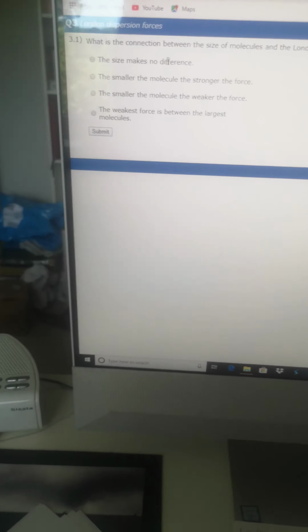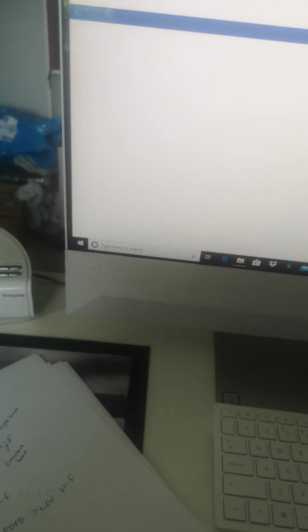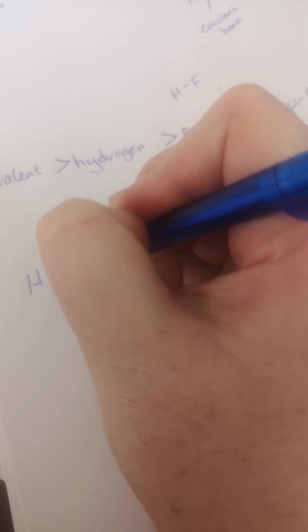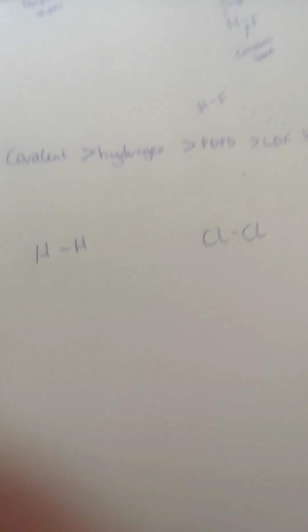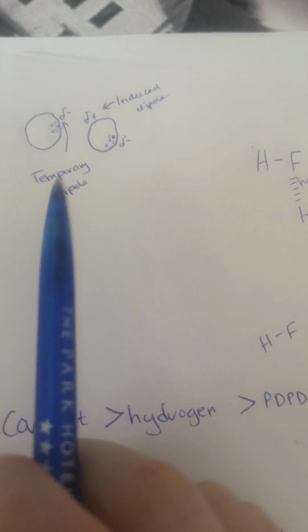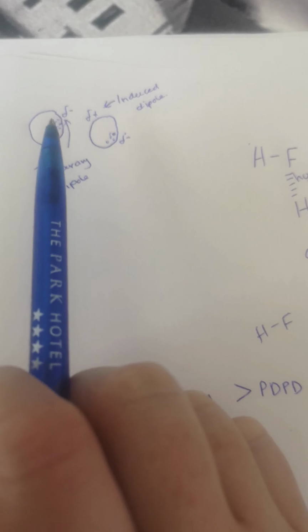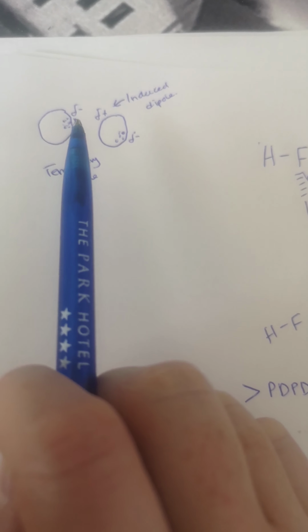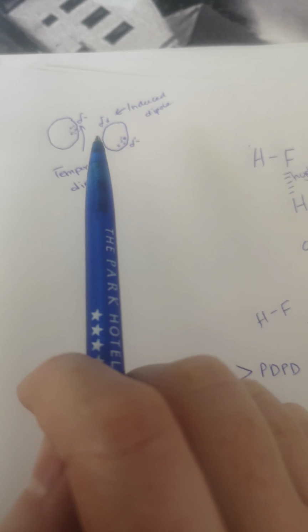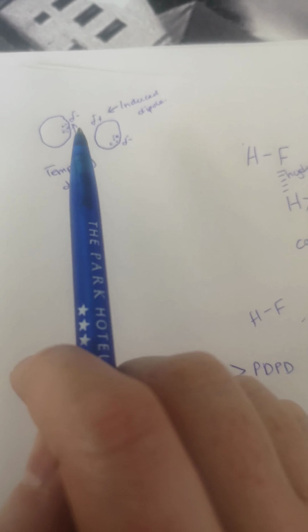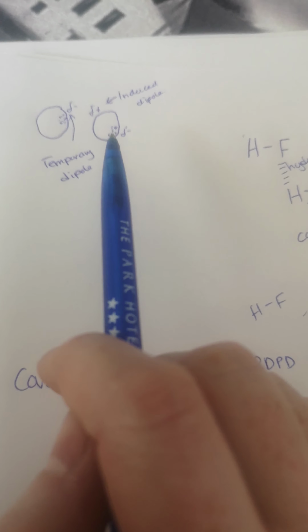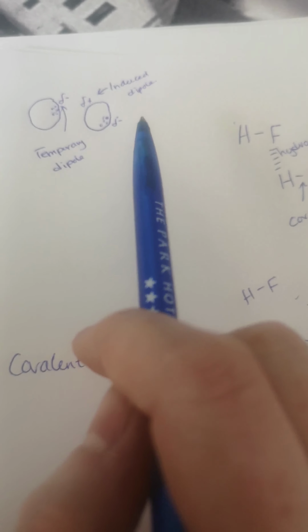Right, just thinking about diatomic molecules, if we think of a hydrogen molecule and a chlorine molecule and compare them. Now, if you think back to the London dispersion forces, they're the attraction between a temporary dipole and an induced dipole, and it's all to do with the movement of the electrons. So when you're thinking about London dispersion forces, the more electrons there are, the stronger the dipoles, therefore the stronger the London dispersion forces.